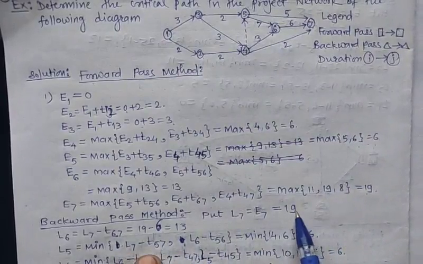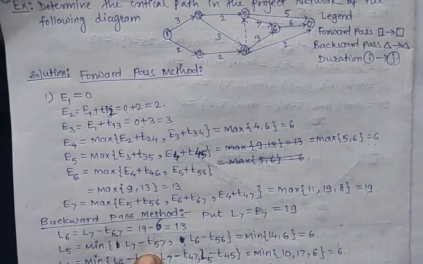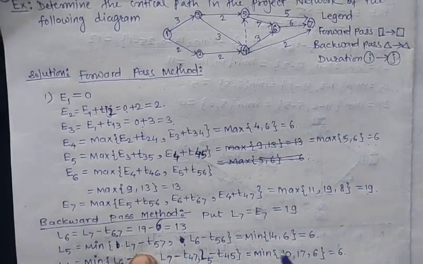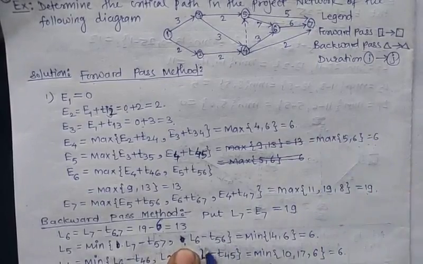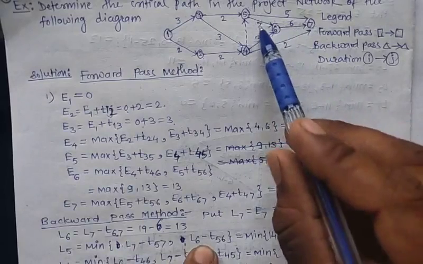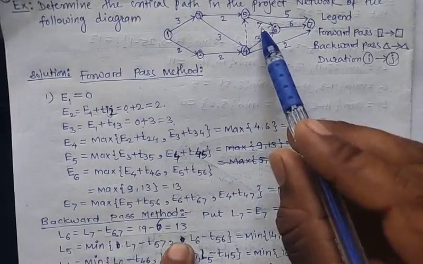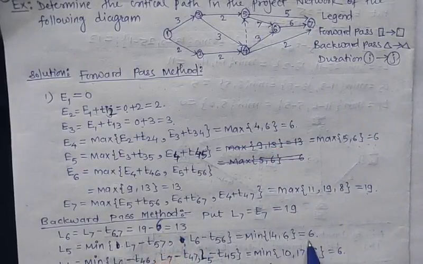L7 has value 19 minus 5, which is 14, and L6 has value 13 minus T56, which is 7, so we get 6. The minimum between these two will be 6.